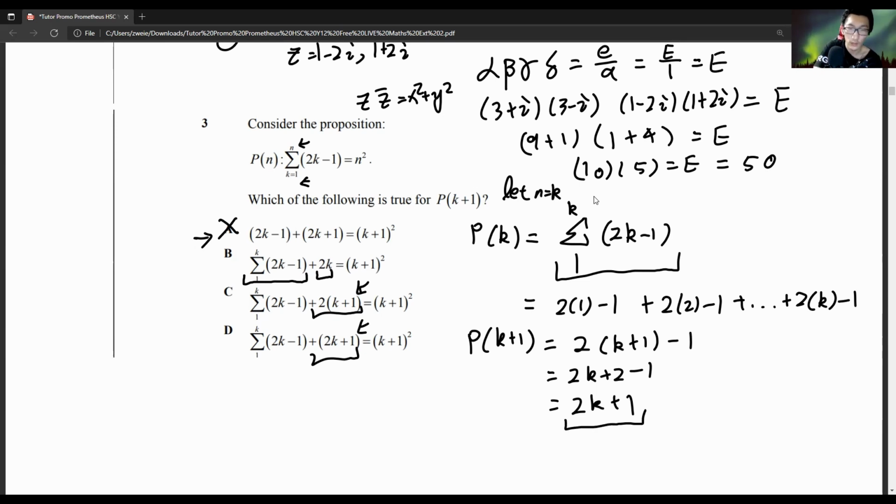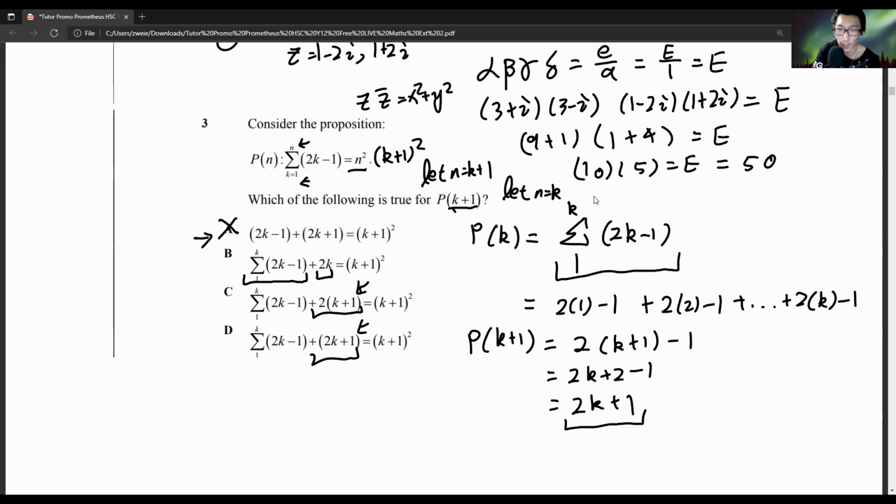And now let's look at the right-hand side. We have n, so because we're letting n equals k plus 1, on the right-hand side we should also get k plus 1 squared, which all of them do have.